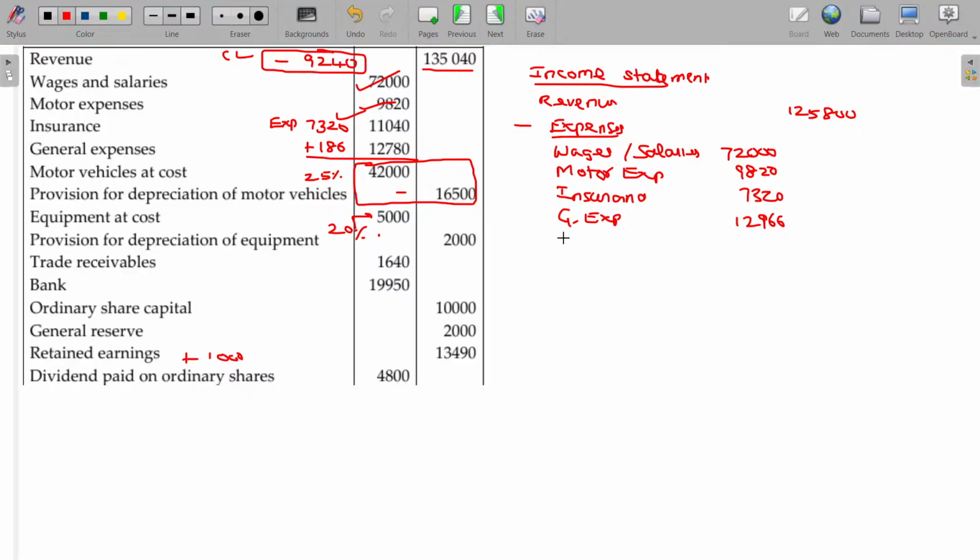And equipment, on this 5,000, 20% being 1,000. Equipment depreciation 1,000. And motor vehicles depreciation, on that 42,000 minus 16,500 into 25%, 6,375.